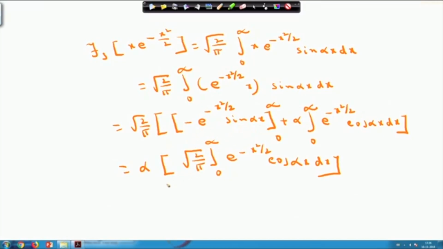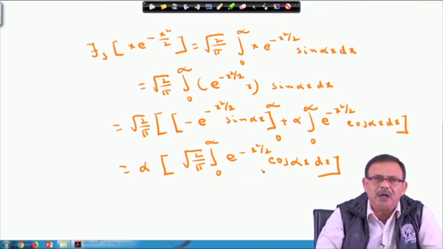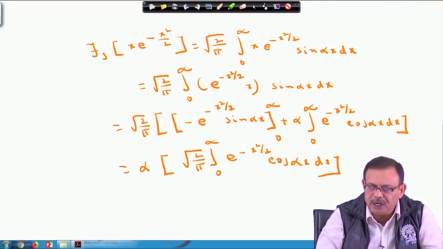So, in the second integral I am writing alpha into root over 2 by pi, 0 to infinity, e power minus x square by 2 into cos of alpha x. Please have a look at this integral, 0 to infinity e power minus x square by 2 into cos of alpha x dx. What is this? This is nothing but the Fourier cosine transform of e power minus x square by 2.